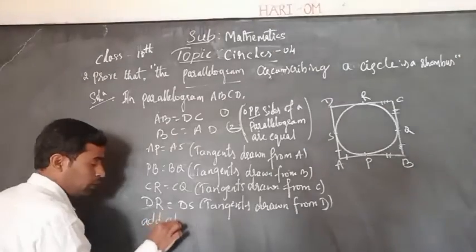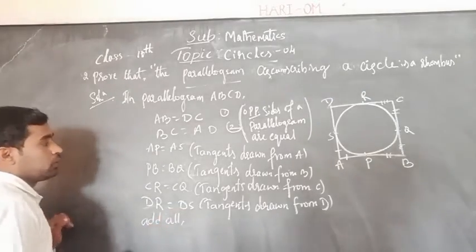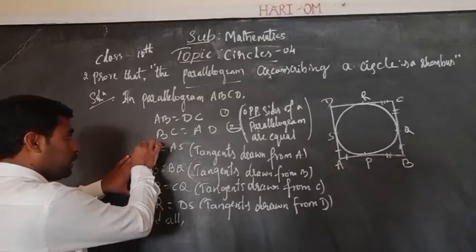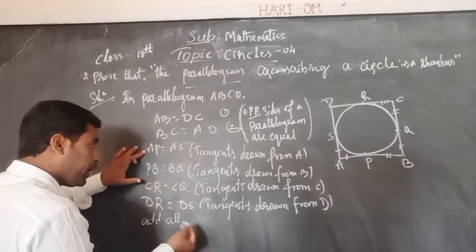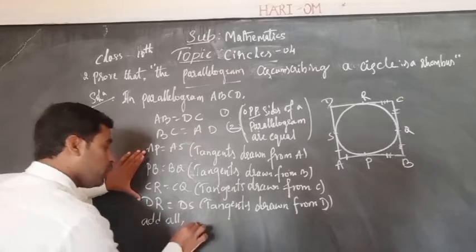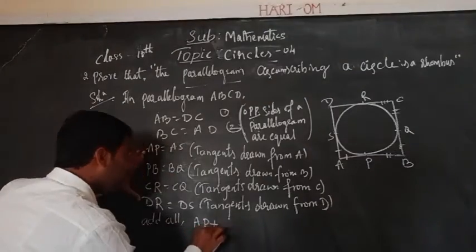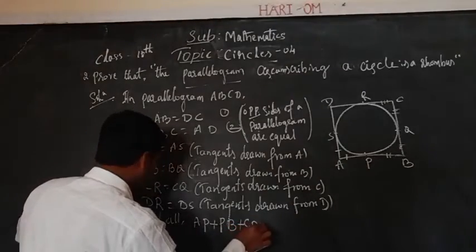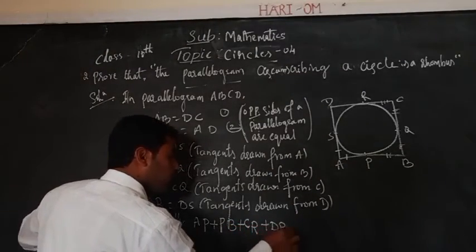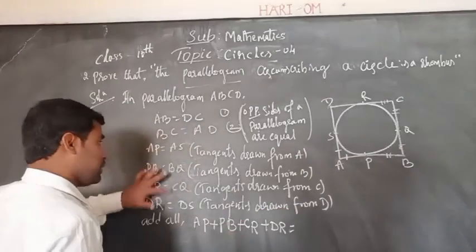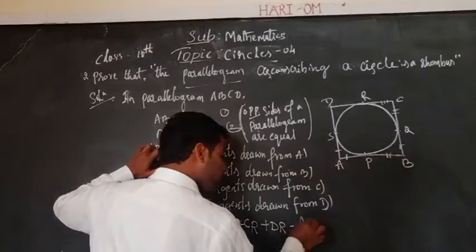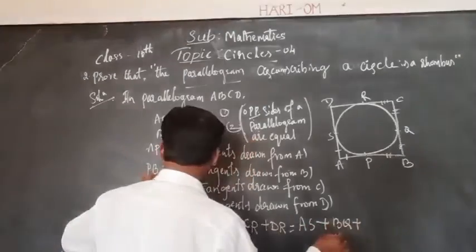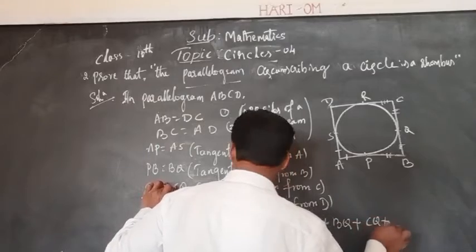Now we have to add these four equations, adding LHS with LHS and RHS with RHS. What does it become? AP plus PB plus CR plus DR is equal to AS plus BQ plus CQ plus DS.